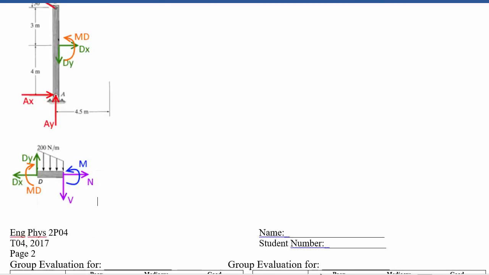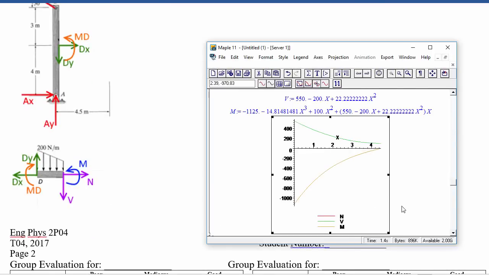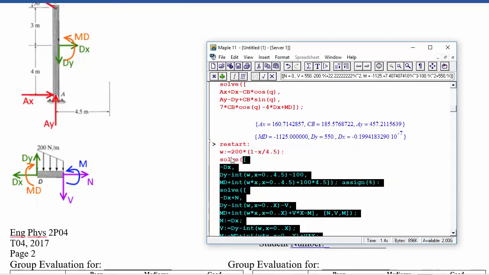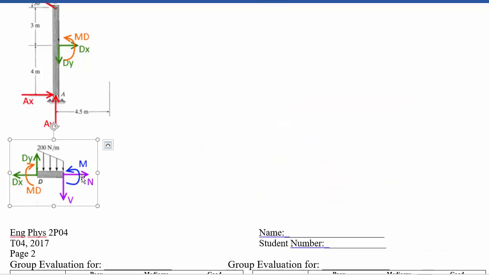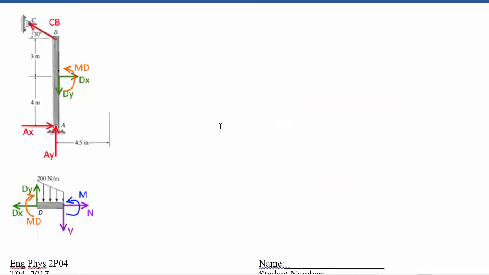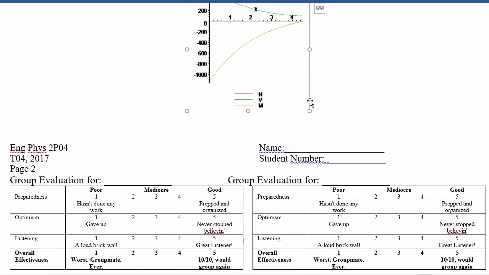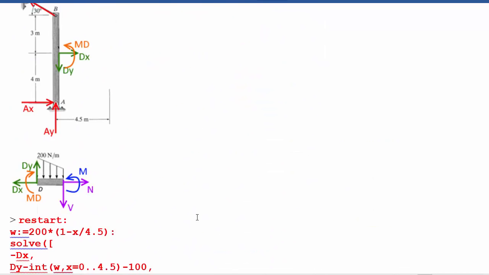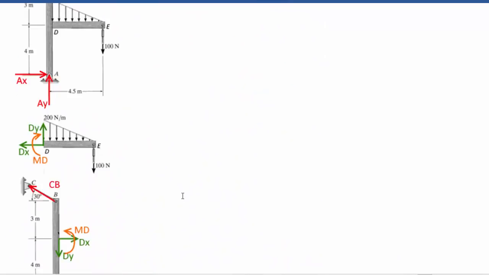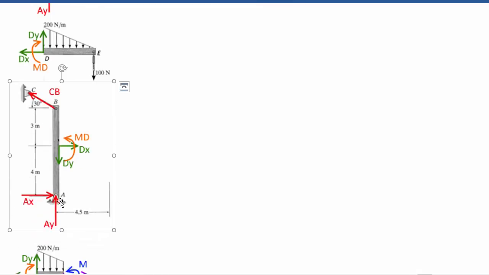Okay, so that's the shear force and bending moment diagram for this object here, this extended part, remember DE. But the question actually asked us to figure out what the shear force and bending moment diagram was for ADB.